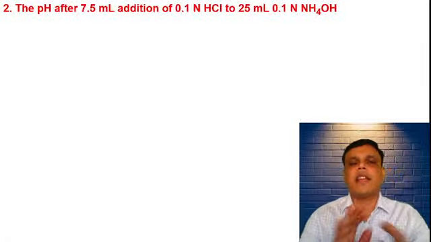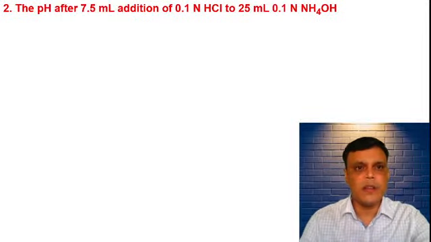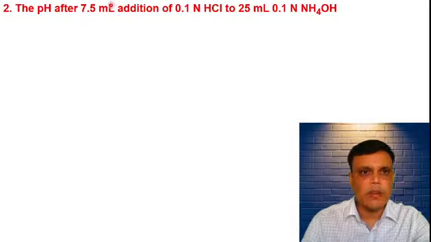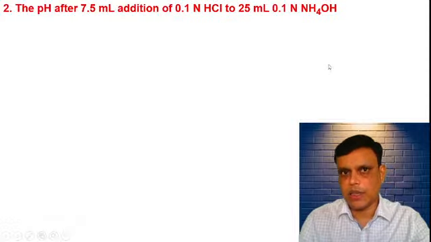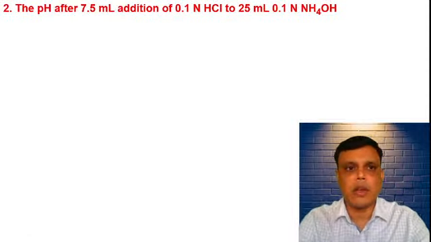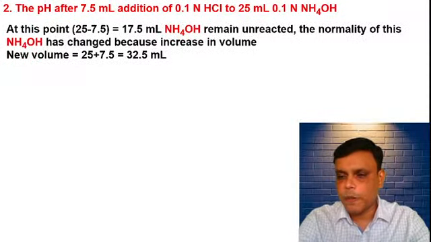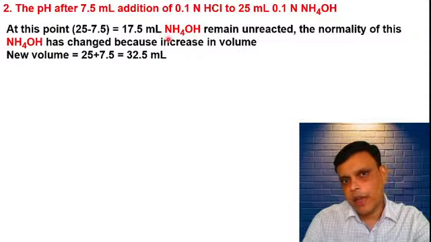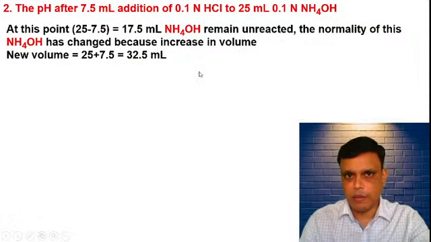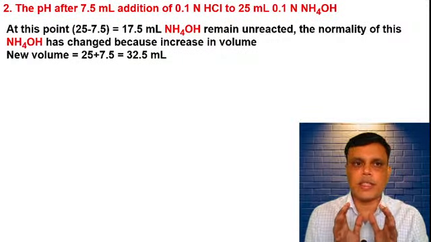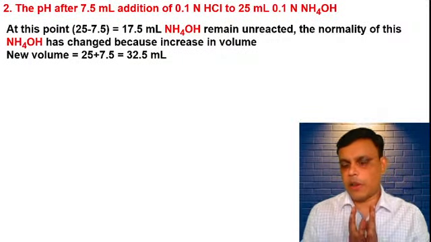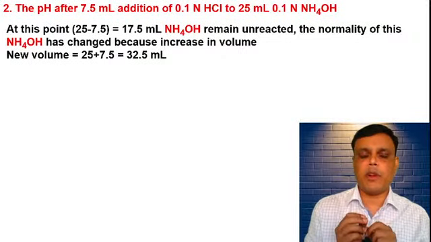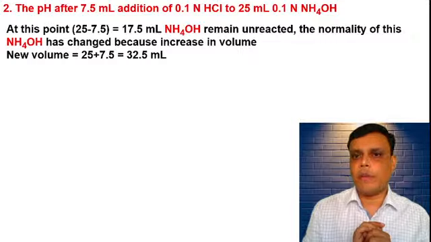Okay, so this is your first condition. Then, for the second point, we will see the pH after 7.5 ml addition of 0.1 normal HCl to 25 ml of 0.1 normal ammonium hydroxide. This is our second calculation of pH. So at this point, what will happen? At this point 25 minus 7.5, that is 17.5 ml ammonium hydroxide, remains unreacted, because in the conical flask we have taken 25 ml of ammonium hydroxide, and to that we have added 7.5 ml of 0.1 normal HCl.